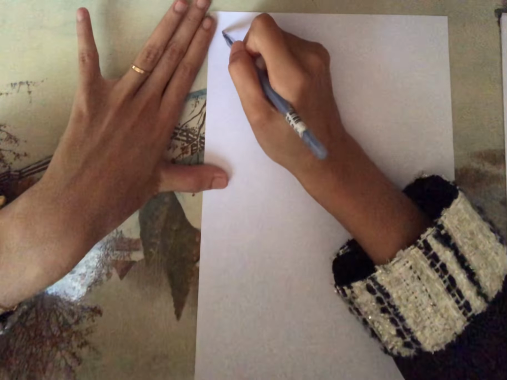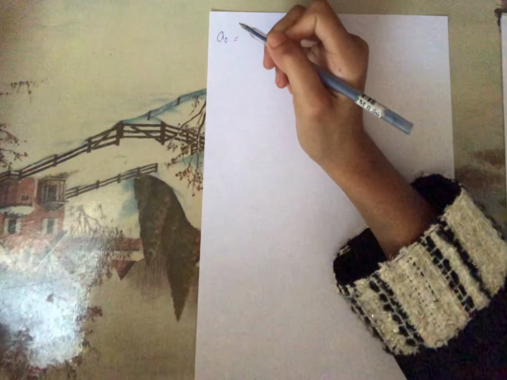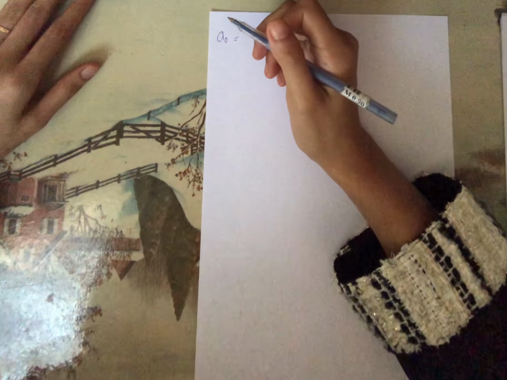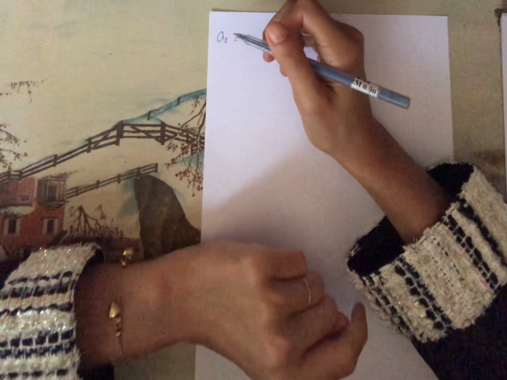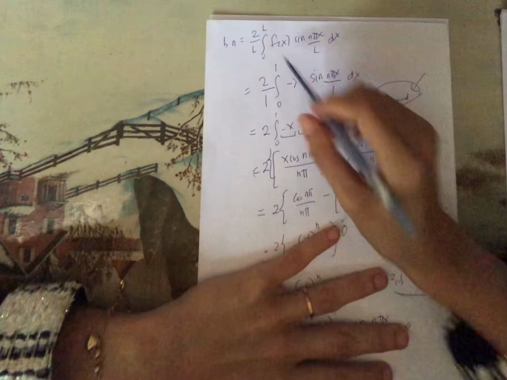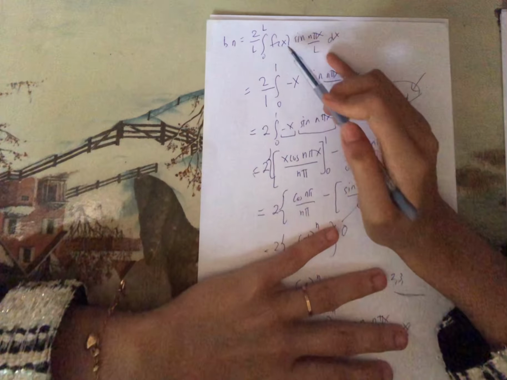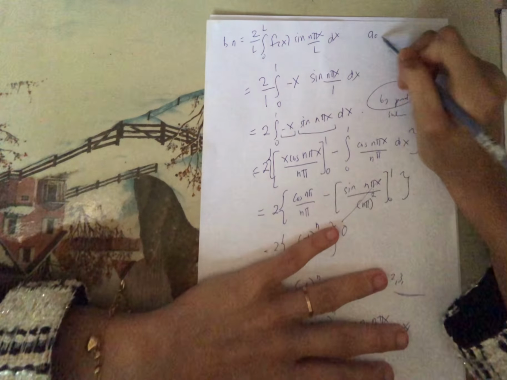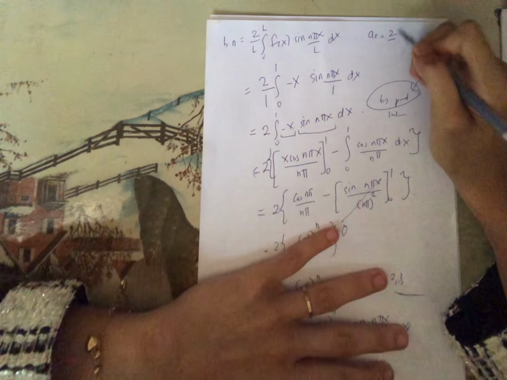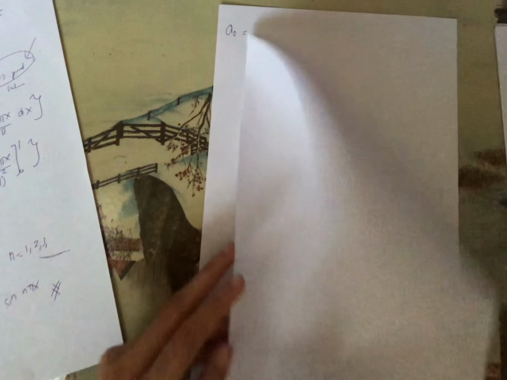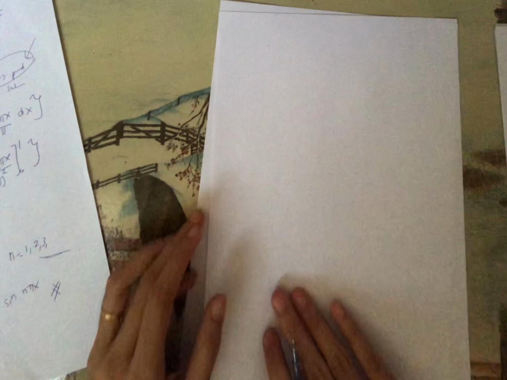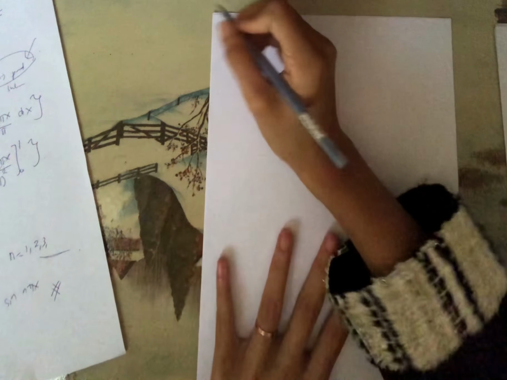So now let's find a naught first. What's the equation for a naught? Before this, let me write the formula from the previous example, the general equation.